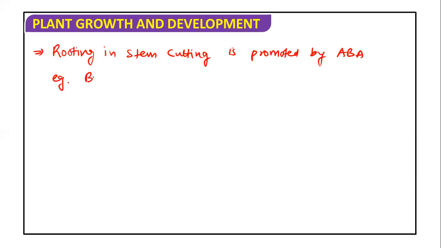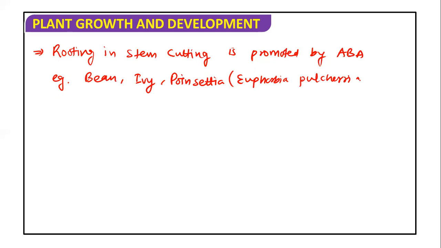Examples are bean, ivy, and poinsettia, that is Euphorbia pulcherrima. In these, the rooting in stem cuttings is promoted.